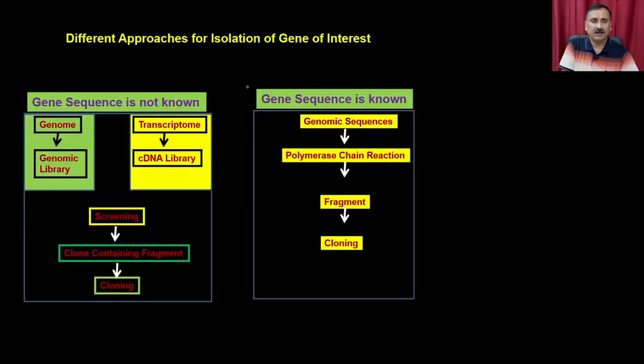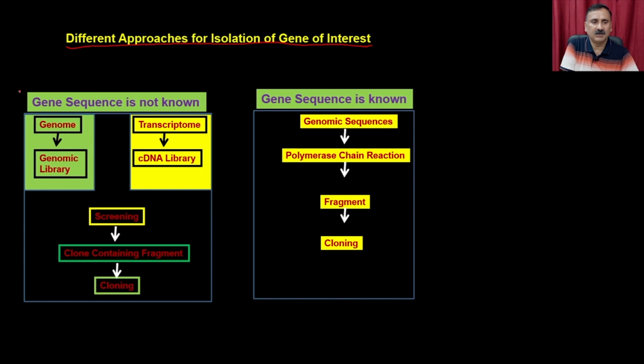So either you use the genomic library, the cDNA library, or PCR, ultimately you get the gene fragments, and this gene fragment has to be cloned into a suitable vector so that you can use it for downstream applications. So this is what we have discussed: the different approaches for isolation of the gene.